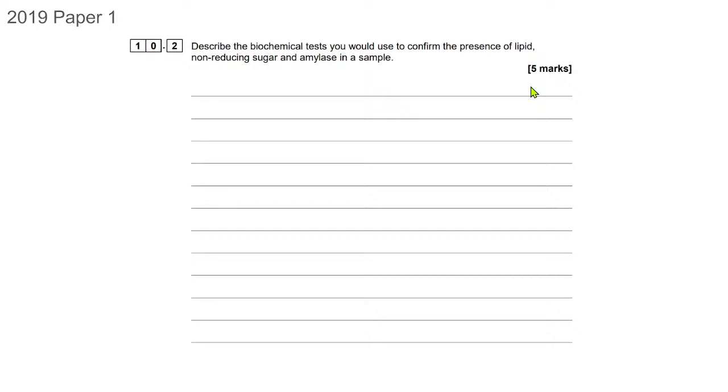So amylase is an enzyme, so it's made up of proteins. So we have to test that it's made up of protein. So we do the biuret test, and it should turn purple, pink. And then also, because it breaks down starch, we add starch to a solution, add amylase.